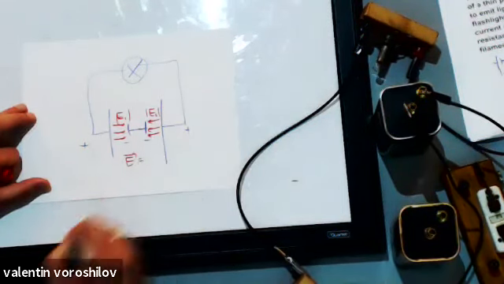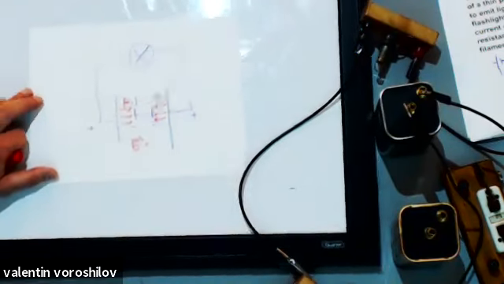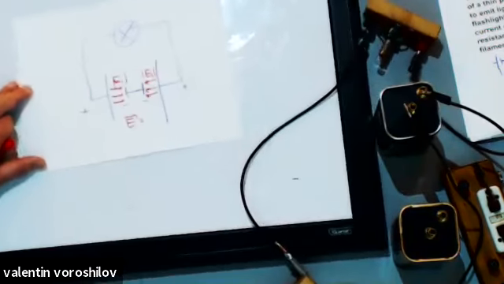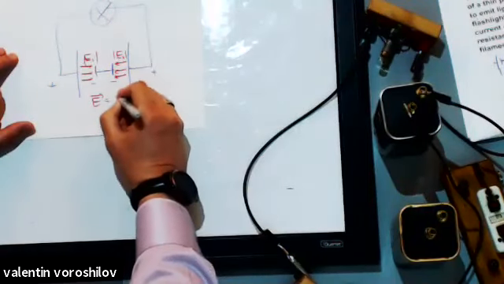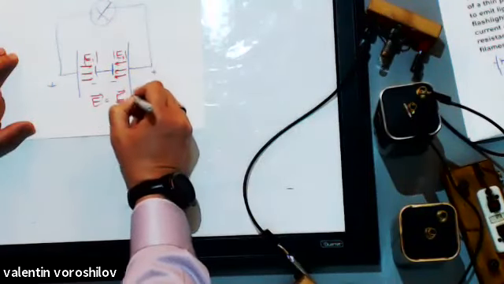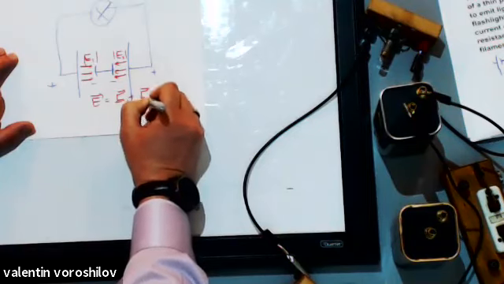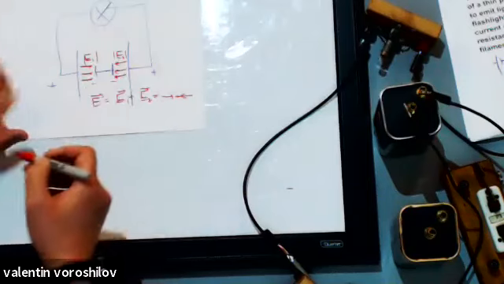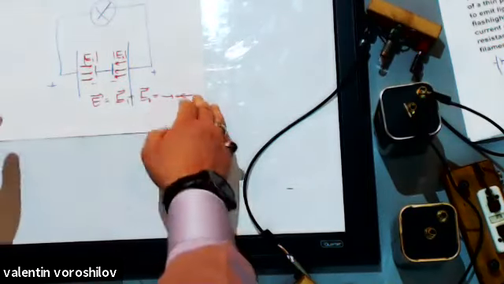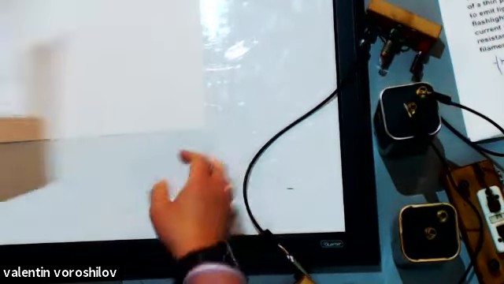And as we know, the superposition principle tells us to calculate net electric field, we just need to add as vectors, and they cancel each other out. That is why in this situation, even though we used two batteries, nothing happened.